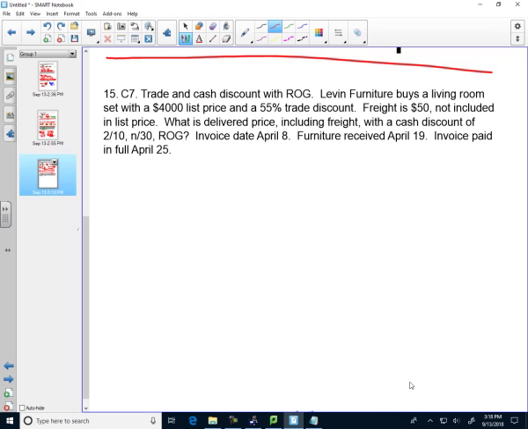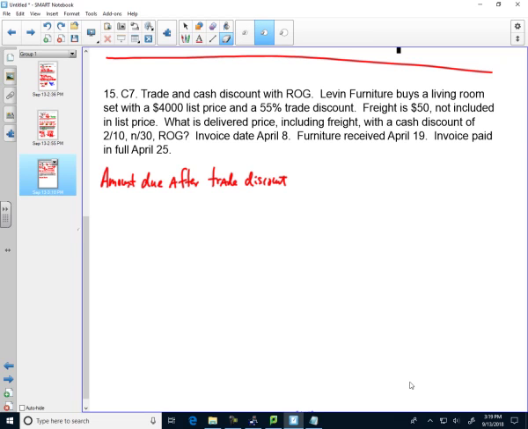So, first thing you want to do is figure the amount due after the trade discount.